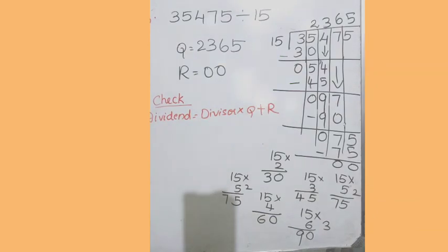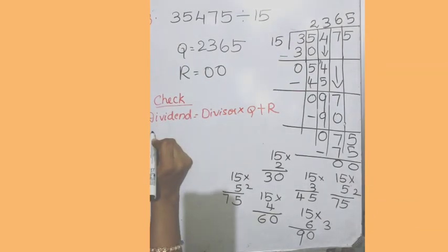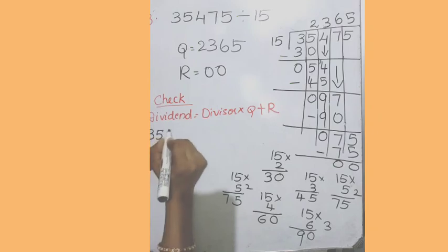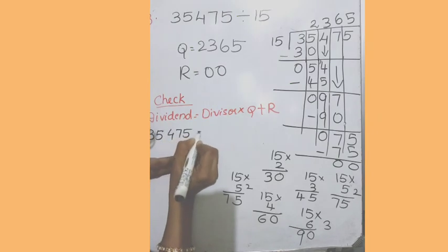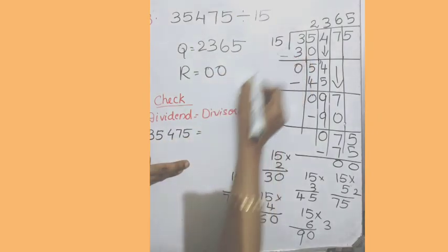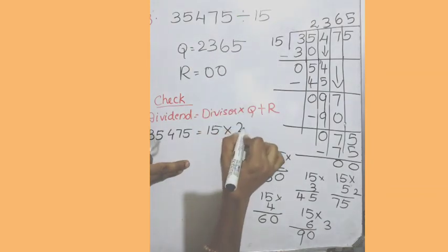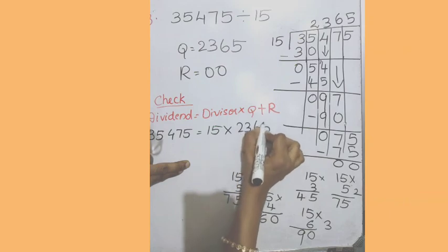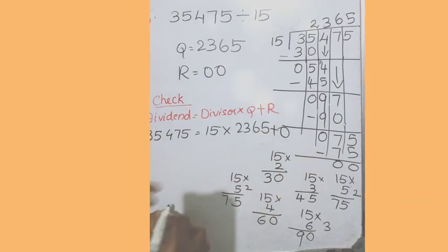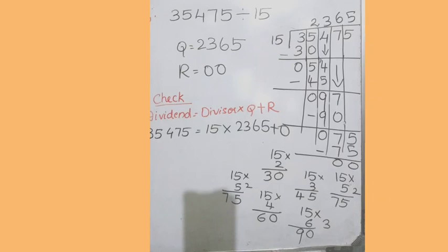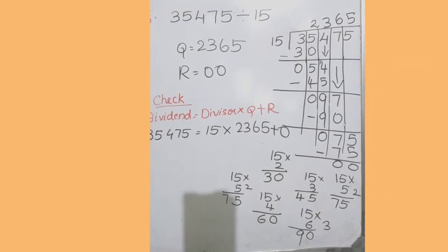That is, 35,475 equal to divisor. Divisor is 15 into quotient 2365 plus 0. Find out the answer and do one question as homework.